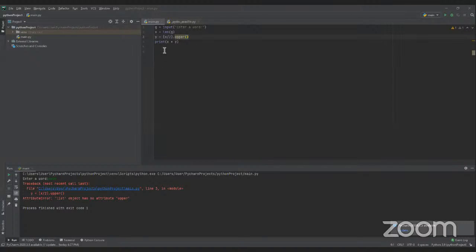So this is what I did. And this is the error I get. Okay. So basically, Rafi, what you did a bit off here is that it's not supposed to be y equals.